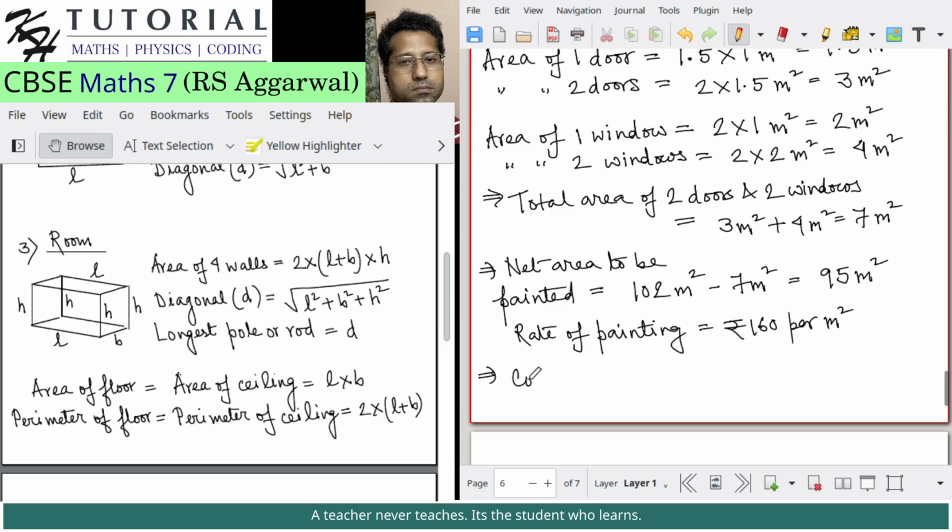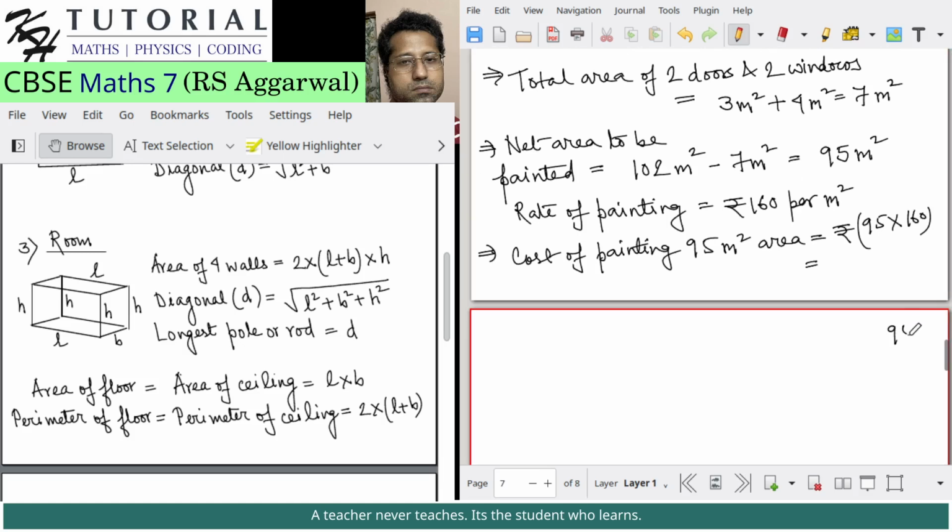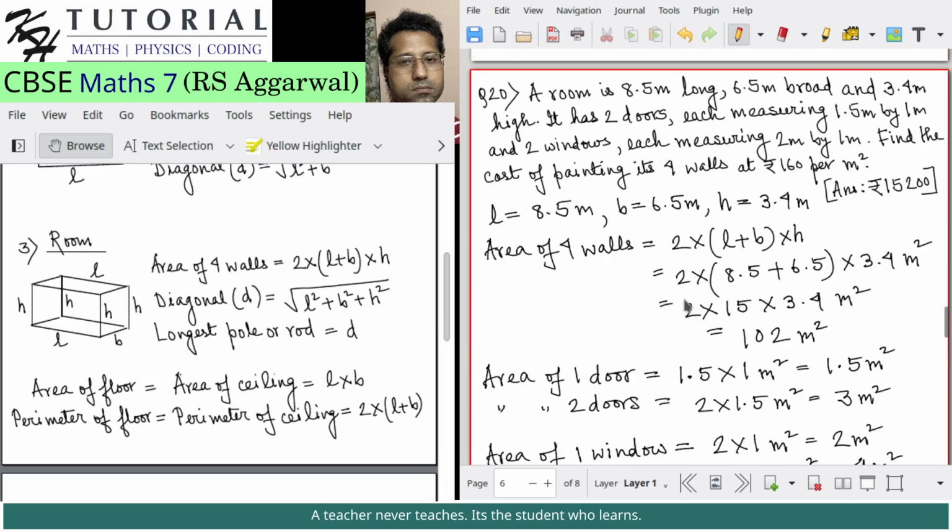So this implies cost of painting 95 meter square area will be equal to rupees 95 multiplied by 160, which is equal to, how much is 95 multiplied by 160?